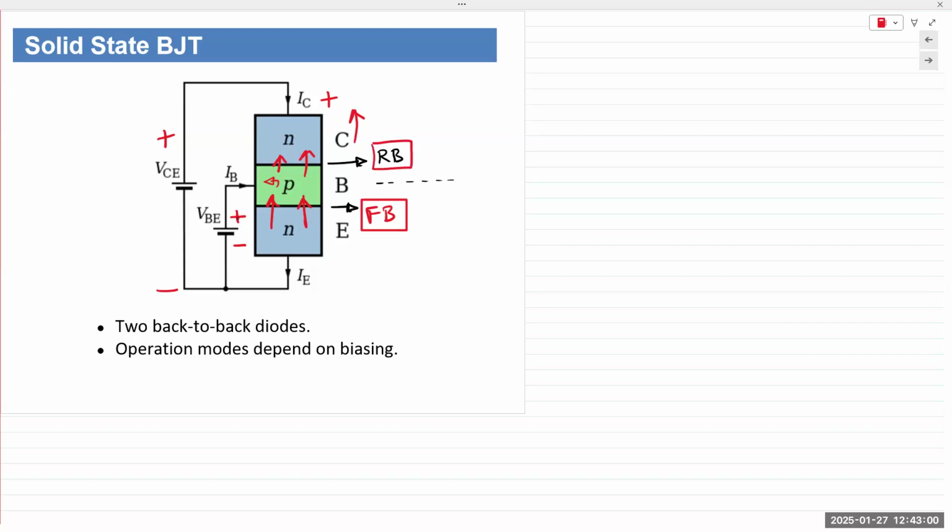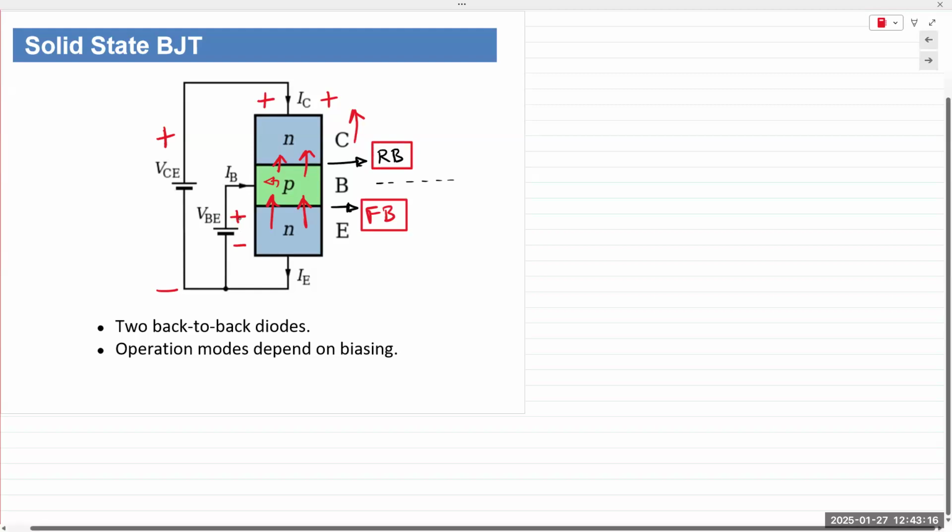However, the collector base junction is not forward bias, it is reverse bias. We're applying positive voltage to the N side and negative to the emitter. And so the collector base junction is reverse bias. It is held at a higher potential with respect to the base.